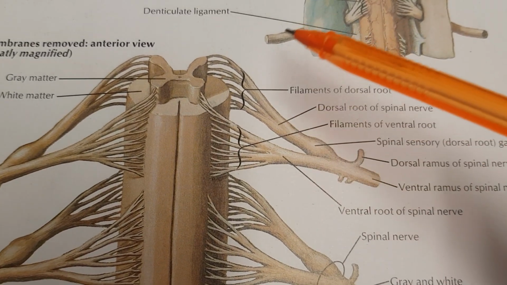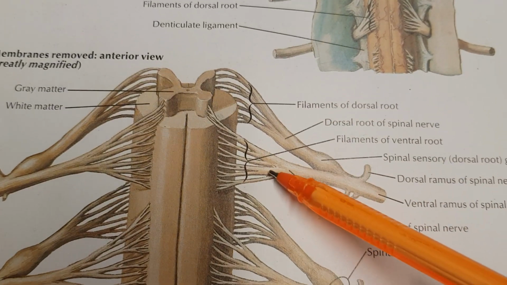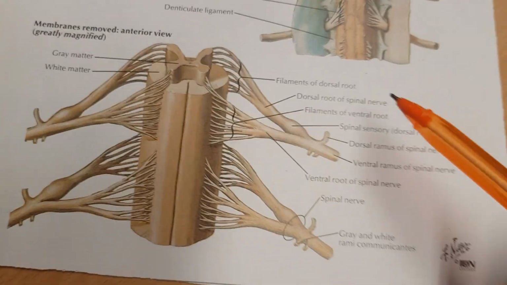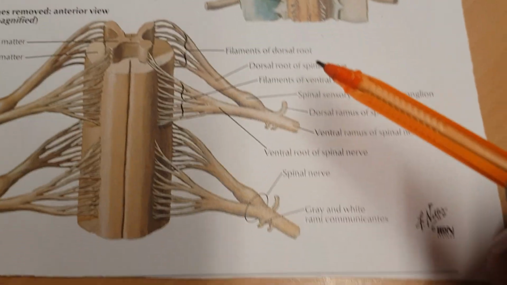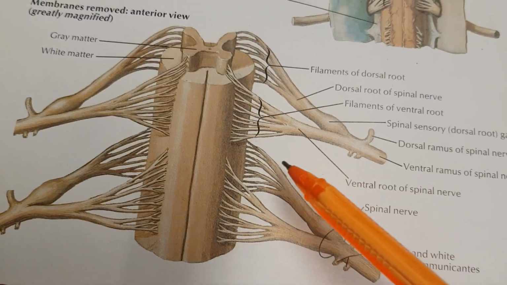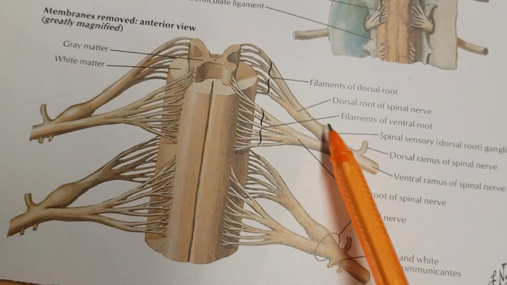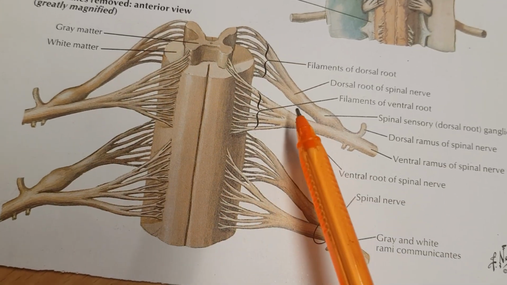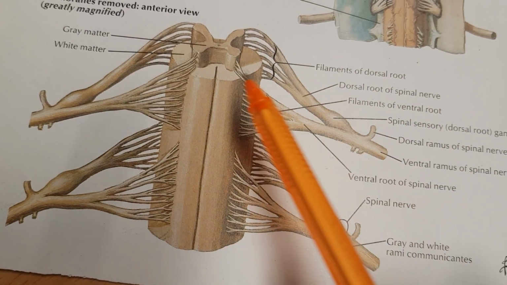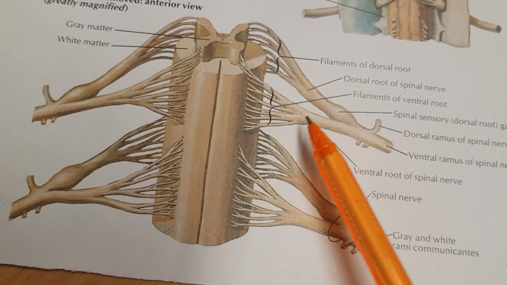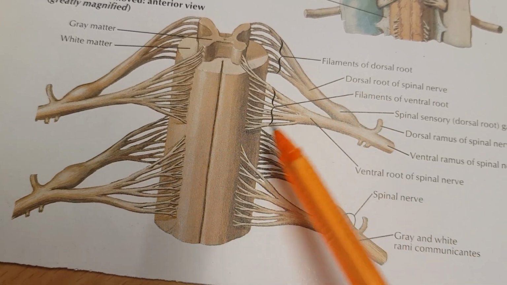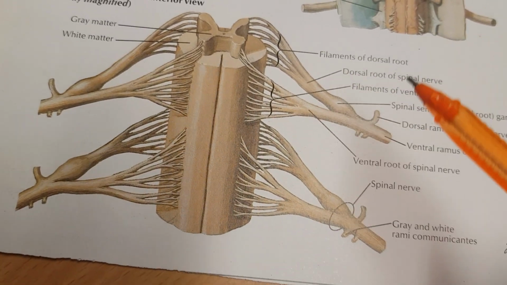So now we can easily identify this as the dorsal part and this as the anterior part. This explanation that I'm going to start with, these parts from here to the spinal cord, are within the vertebral canal, but you will see as we continue.